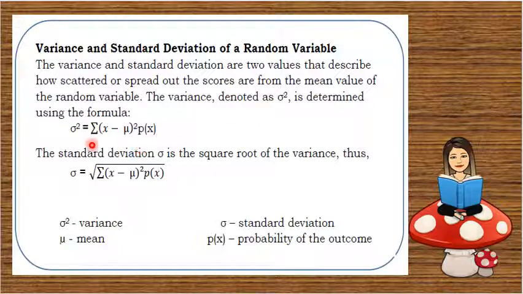So, sa pagkuha ng standard deviation ay madali na lang ito once na nakuha na natin yung value ng ating variance. Kukunin na lang natin yung square root ng variance. Tapos, yun na yung ating standard deviation. So, sigma squared is for the variance, mu is for the mean, sigma is for the standard deviation, and p of x is for the probability of the outcome.